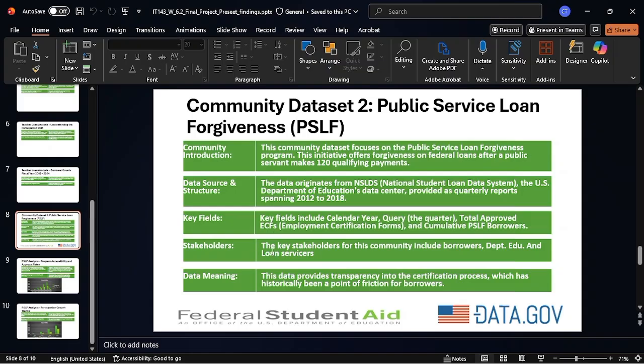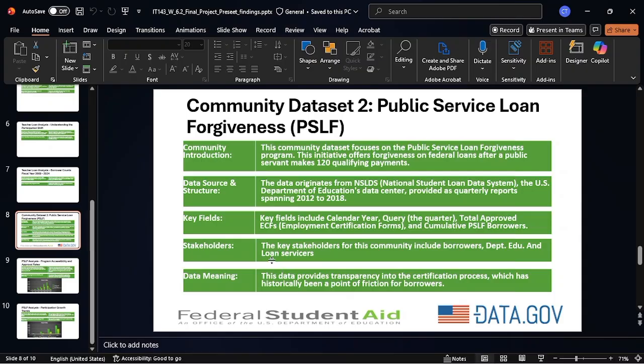Key stakeholders for these datasets are the borrowers, the Department of Education, and loan servicers. So this data provides transparency into the certification process, which has historically been a point of friction for borrowers.